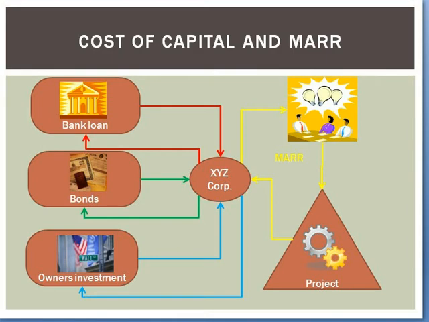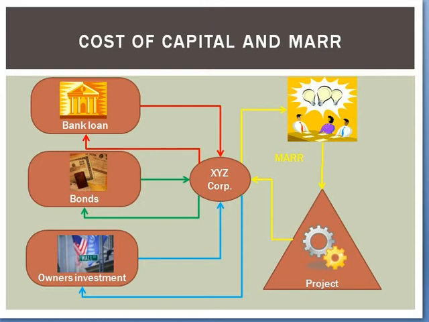So those are the relations. The next question is then, how do we compute the weighted average cost of capital, which is the one that we're going to use as a benchmark to compute the minimum attractive rate of return.